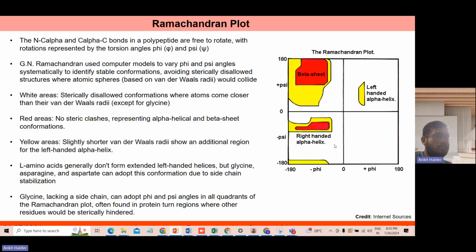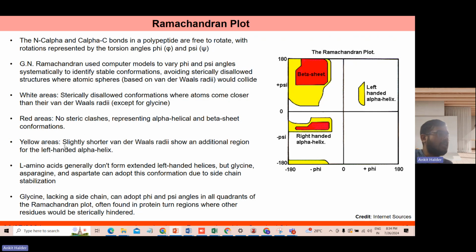Whatever white space there is, all of it is sterically disallowed, because the atoms cannot come that close. Only these regions are allowed. Red areas have no steric clashes, representing alpha helical and beta sheet conformations.